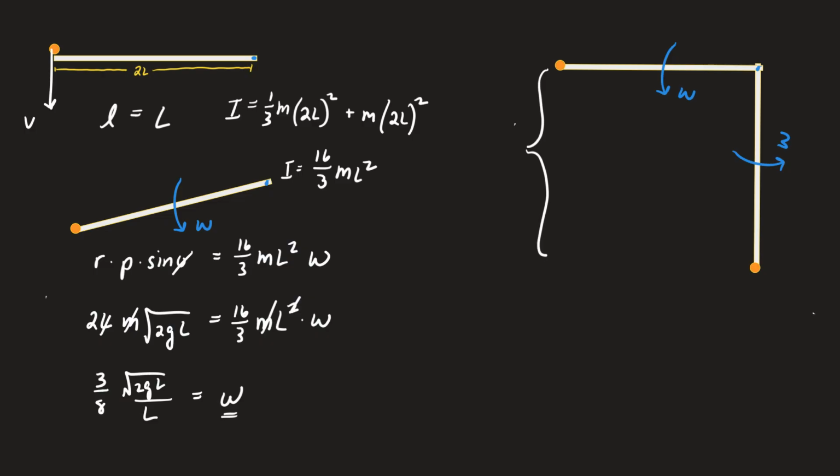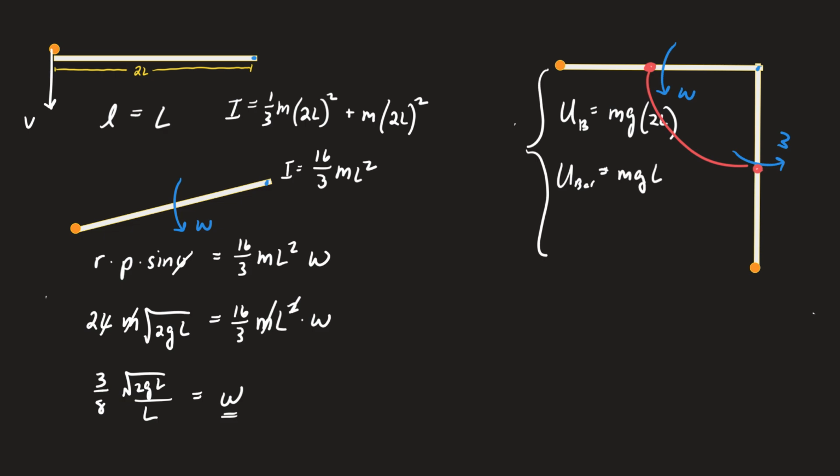So it has gravitational potential energy for the ball of mg times 2L. The bar is going to have gravitational potential energy as well, but that's going to be based on its center of mass falling just a distance L. So its gravitational potential energy will just be mgL.